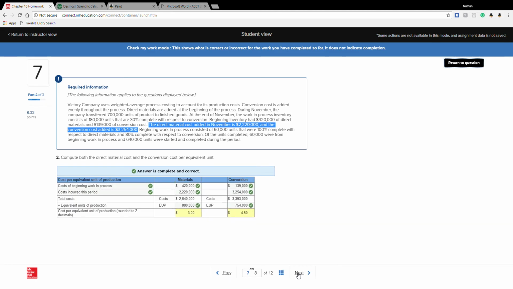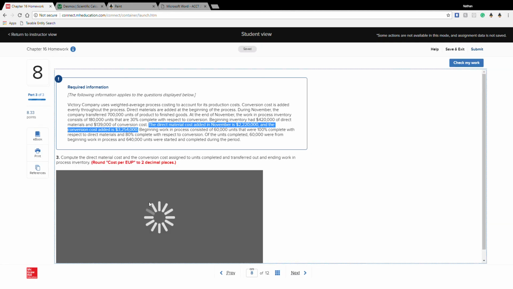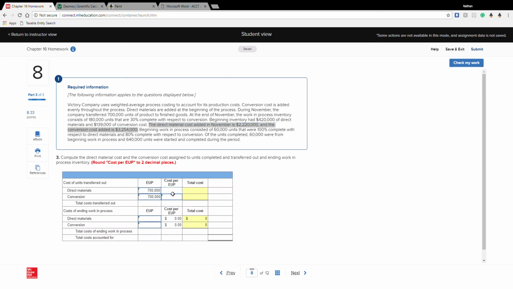We know materials was $3 and conversion was $4.50. Now, always put the decimal places in. It just helps out with Connect. So we found that our total cost related to transferred out should be about 5,250,000.